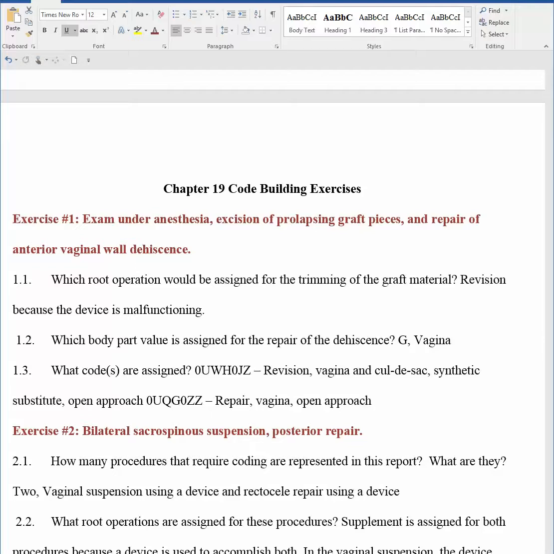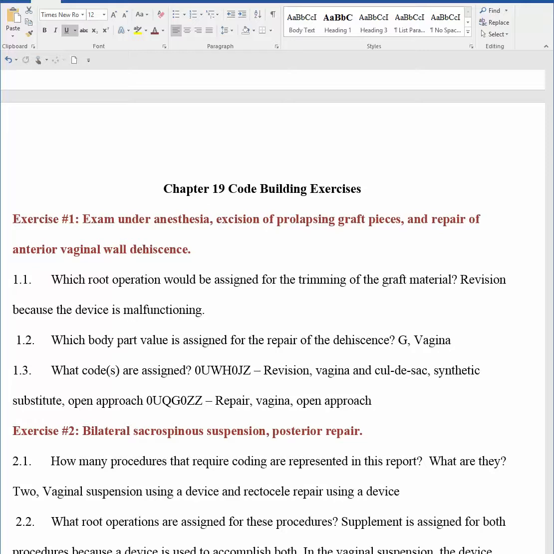The first question asked is 1.1, which root operation would be assigned for the trimming of the graft material? That would be revision because the graft is a device and that device is malfunctioning. Those graft pieces have now moved down into a place that the physician or the patient doesn't want them. They've prolapsed. They've moved out of their correct position. It states the graft was trimmed and the ends that were prolapsed were removed.